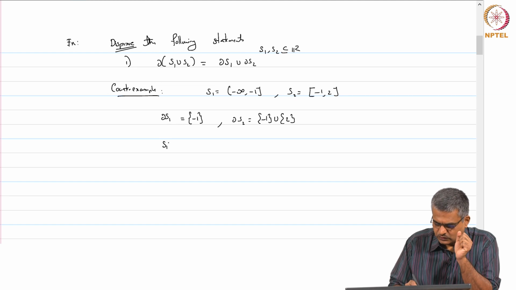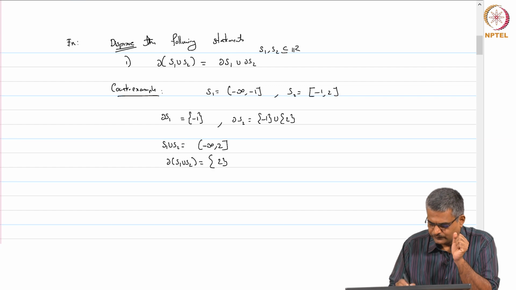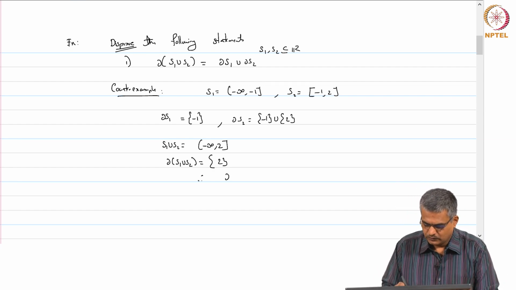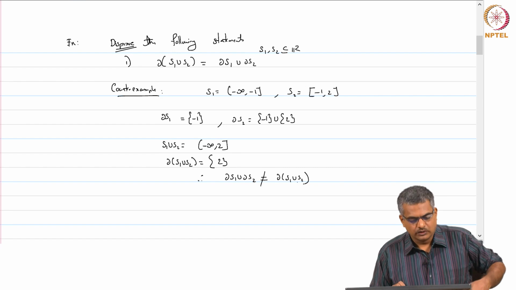And what is S1 union S2? It consists of all points from minus infinity to 2, and the boundary of S1 union S2 is 2. So, you see that the boundary of S1 union the boundary of S2 is not equal to the boundary of S1 union S2.